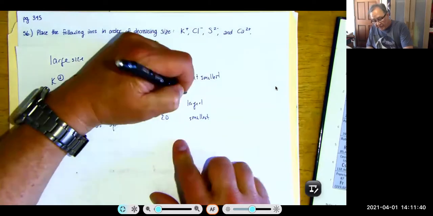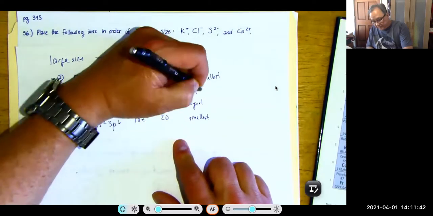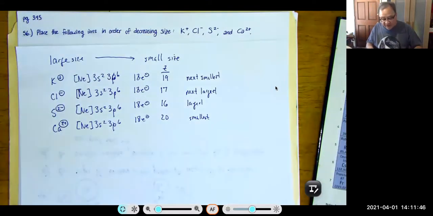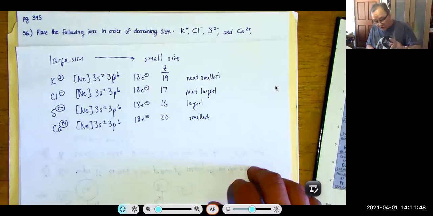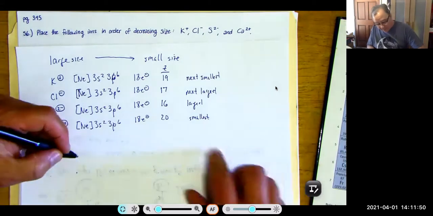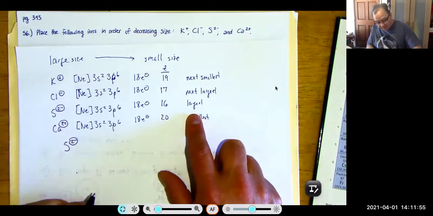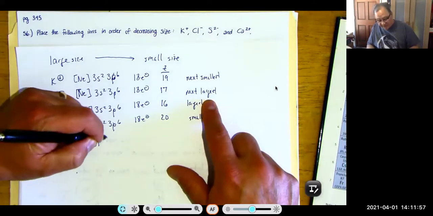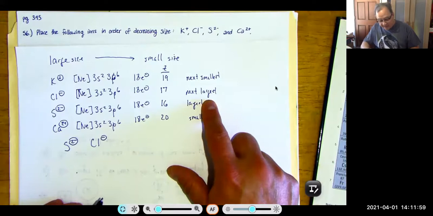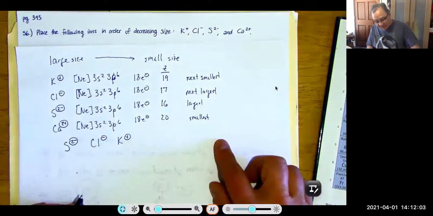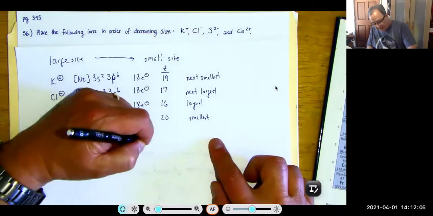And this will be the next largest. Now we're supposed to put them in order of decreasing size. So that means we want to start large and go small. So we're going to have to say that the sulfide is the largest. The chloride is the next largest. Then the potassium ion is the next largest. Then the calcium ion is the smallest.